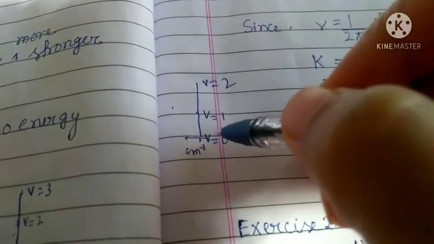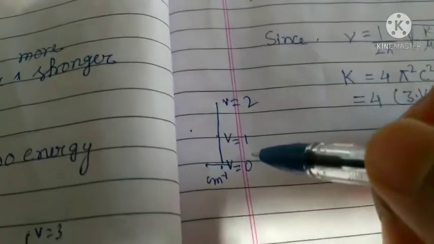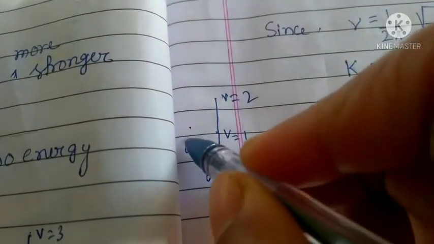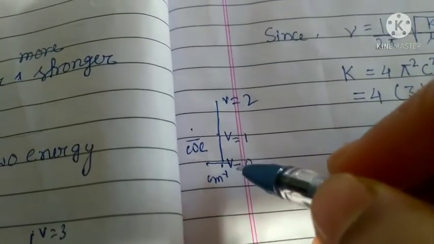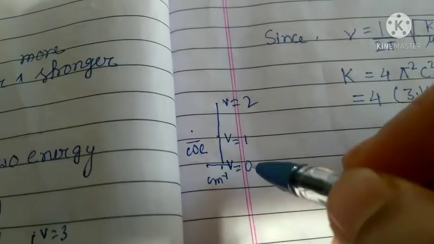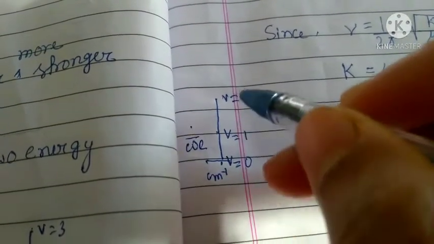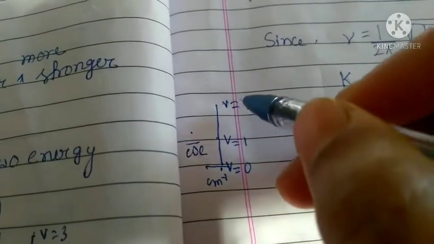So if it absorbs energy ħω̄, it needs energy ħω̄ for the transition from v equals 0 to 1, and it needs the same amount of energy for the transition from v equals 1 to 2.